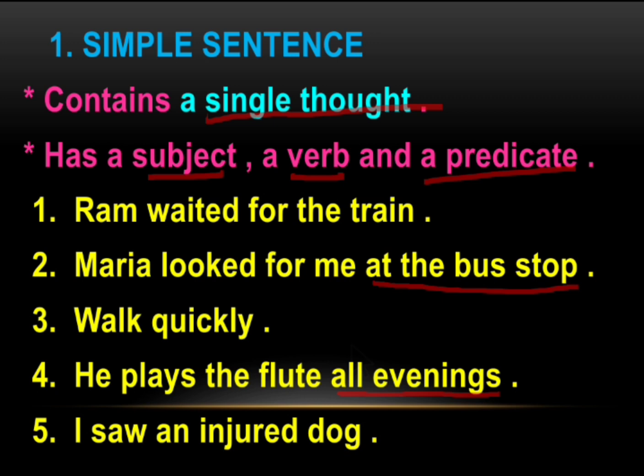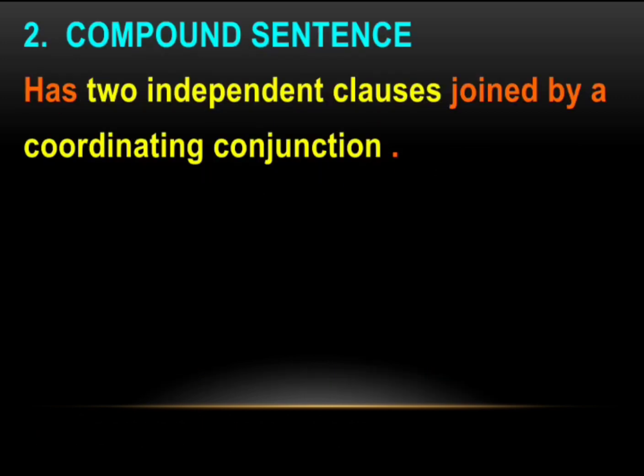Now, let us see what the next type of sentence is. The next type of sentence is the compound sentence. What is this compound sentence? A compound sentence has two independent clauses, and those two independent clauses are joined by a coordinating conjunction.